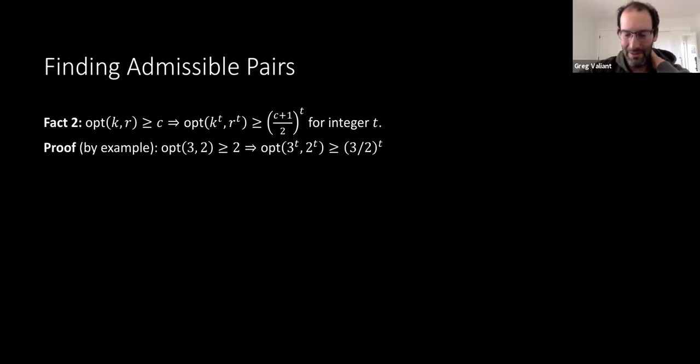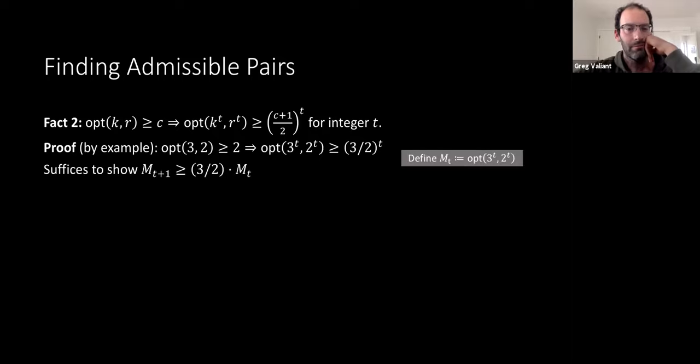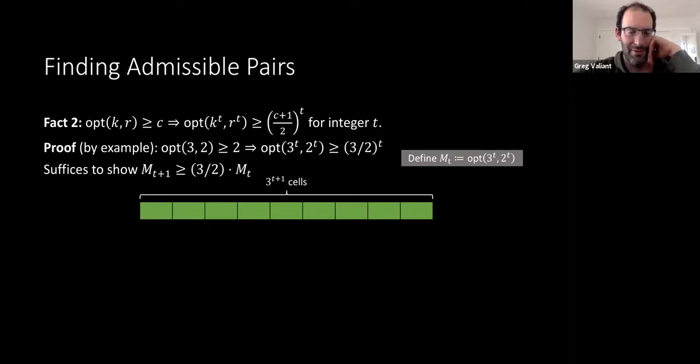Let me sketch this out in a very concrete case. Suppose given 3 squares and 2 arrows, the adversary can ensure that you always have at least 2 arrows left, which is true.